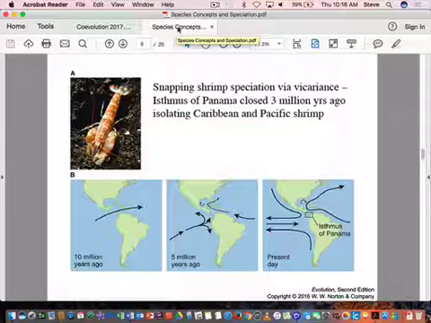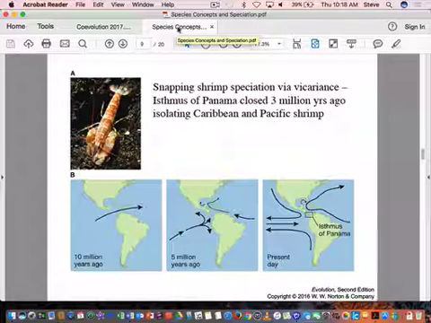Basically, 10 million years ago, these populations in the Pacific and the Caribbean, were they isolated from one another? Not really. They could move between them. Then it started to build, and about 3 million years ago, the Isthmus of Panama closed, and it isolated these Caribbean and Pacific shrimp.